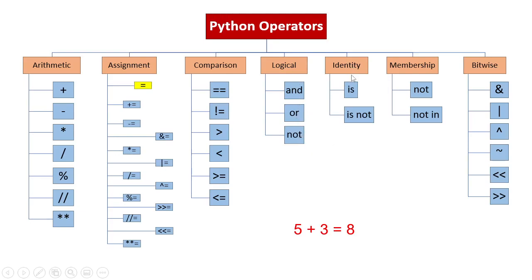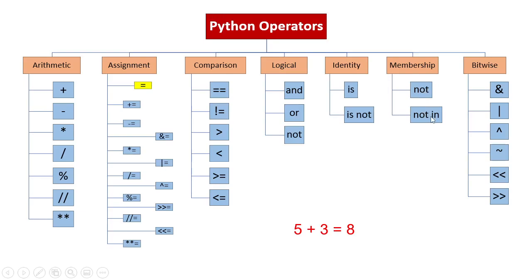There are identity operators, whether something is or is not some certain value that we pass. There are also membership operators to check whether something is in or not in, for example, a list.